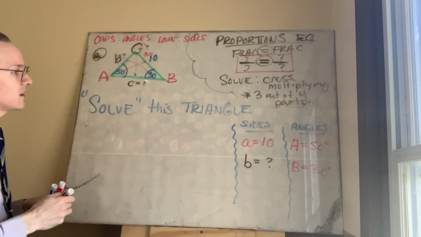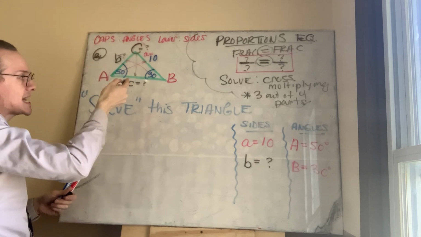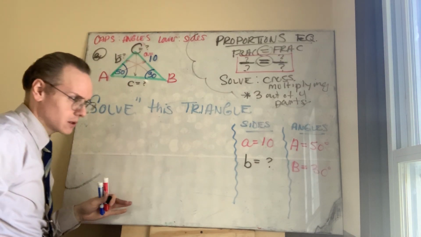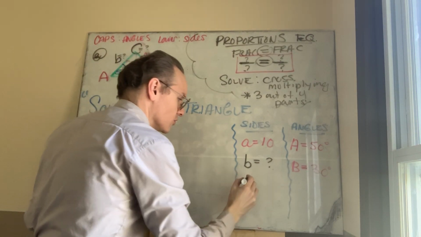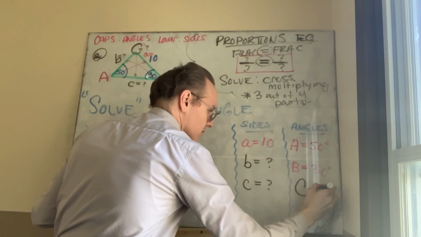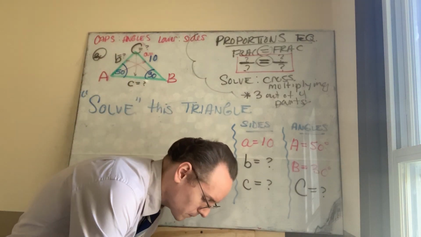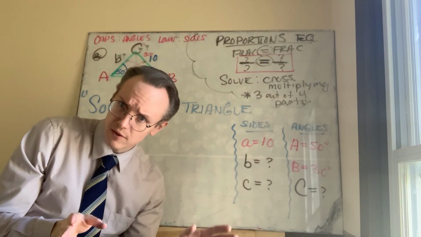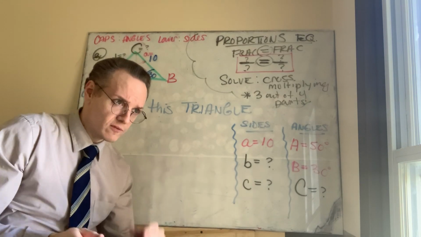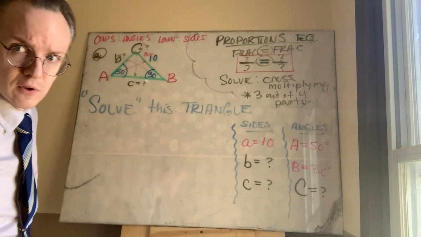And then last thing is C, the angle, and its dimension respectively, its side dimension. So we don't know what C is either, and we don't know what the angle is. Right. Without using anything fancy, and arguably the law of sines is fancy because we haven't done it too much.